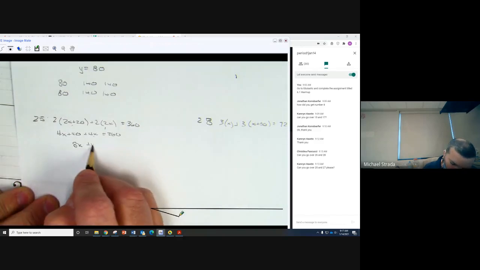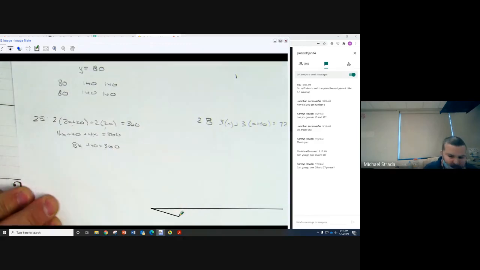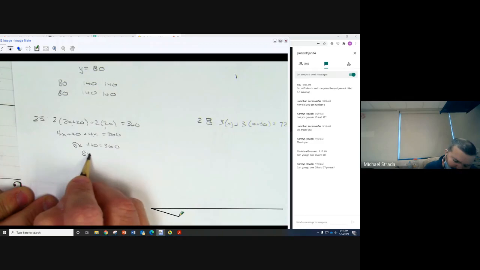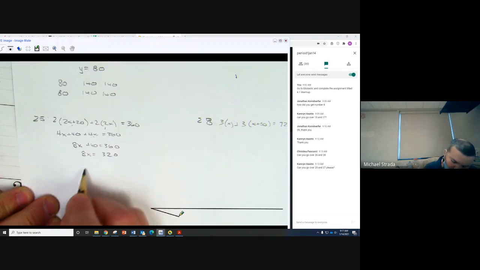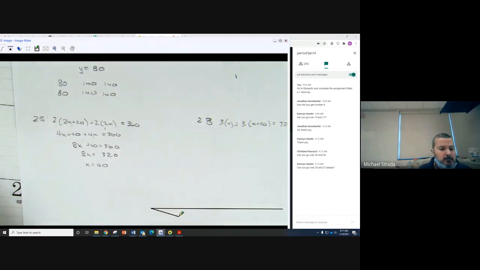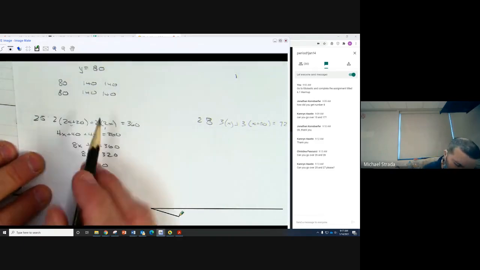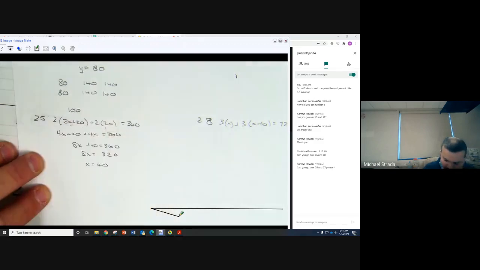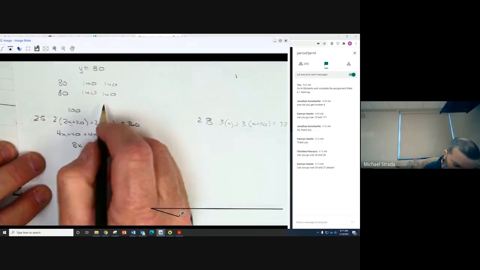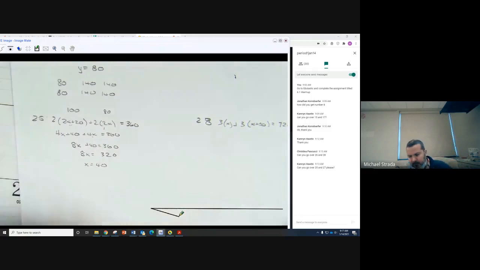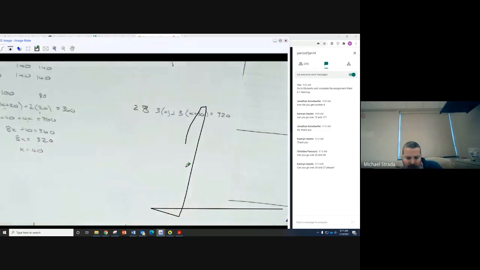Plus 40 equals 360. Subtract the 40 from both sides. 8x equals 320. Divide by 8, and x equals 40. Plugging that in, 2 times 40 is 80. 80 plus 20 is 100. So 2 of the angles are going to be 100. 2 times 40 is 80. So 2 of the angles are 80. Now 28's a little tricky.